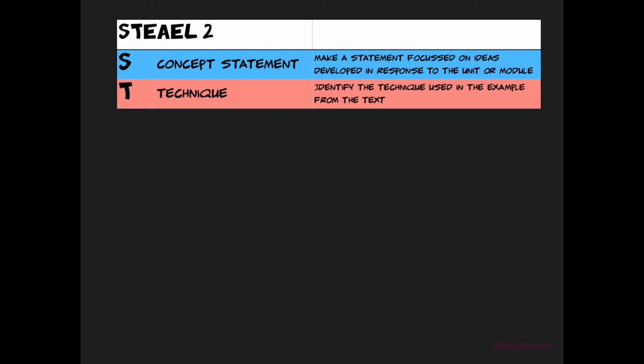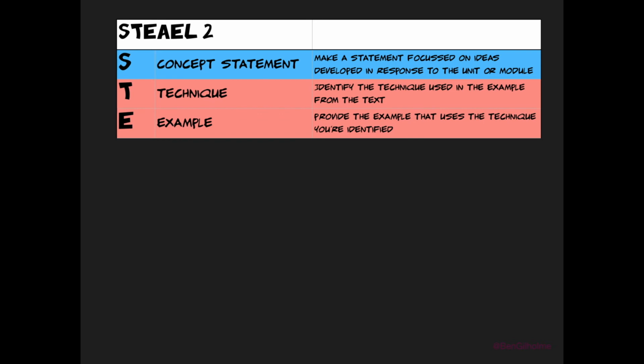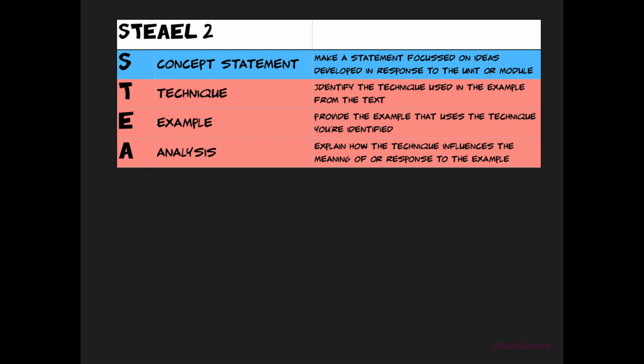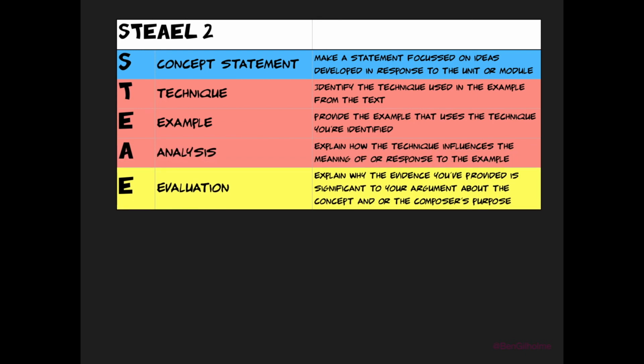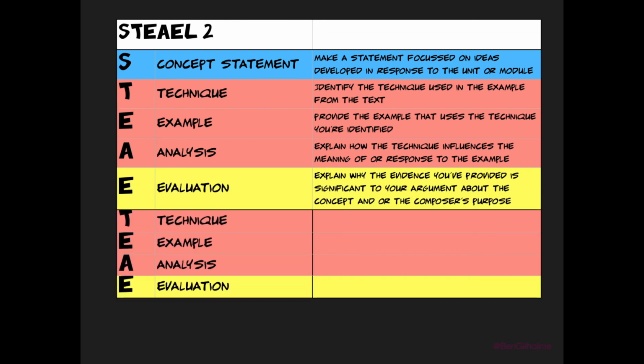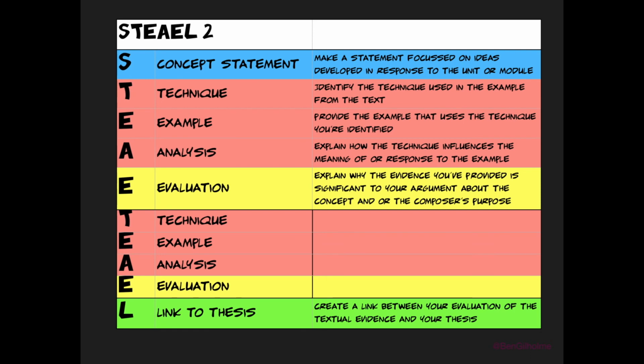That textual evidence includes identifying the technique used in the example from the text, providing the example that uses the technique you've identified, explaining how the technique influences the meaning of or response to the example, and then explaining why the evidence you've provided is significant to your argument about the concept and/or the composer's purpose. Once you've repeated that, you link to your thesis, where you create a link between your evaluation of the textual evidence and your thesis.